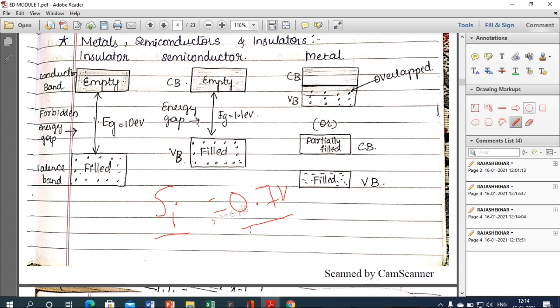From this I can say that we can control a material which has an energy gap of around 1.1 electron volt. Because of this controlling nature, semiconductors are widely used in manufacturing integrated circuits. The best examples of integrated circuits are your mobile phones, desktops, pen drives, cameras, washing machines.